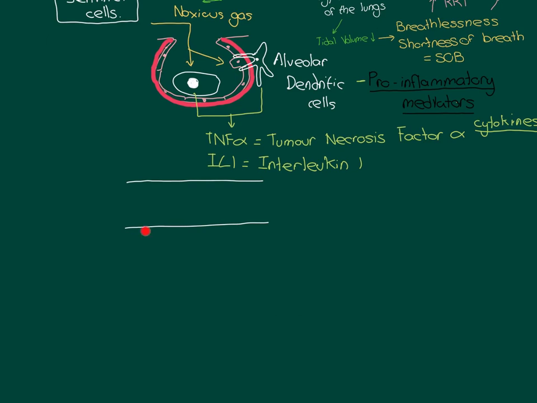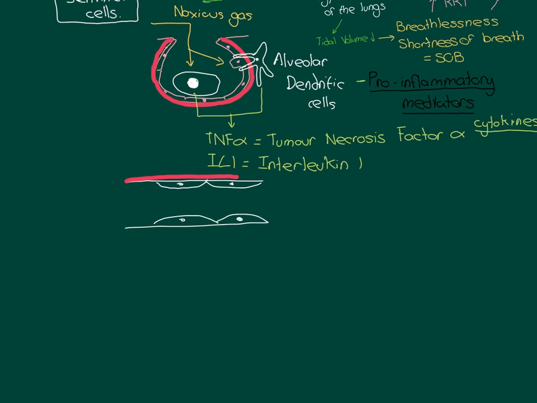But for the basis of the picture, I've zoomed in on the pulmonary capillary, and here we have the endothelial cells lining it, like so. Here's an endothelial cell, here's another endothelial cell, and they will of course be sat on a basement membrane, so I'll draw the basement membrane in here as well.